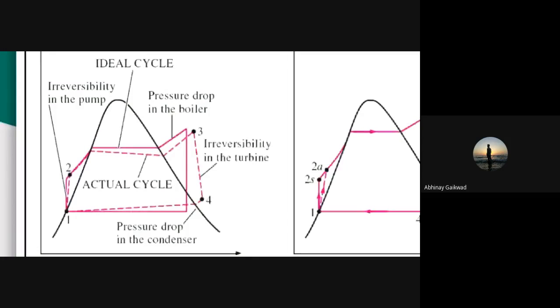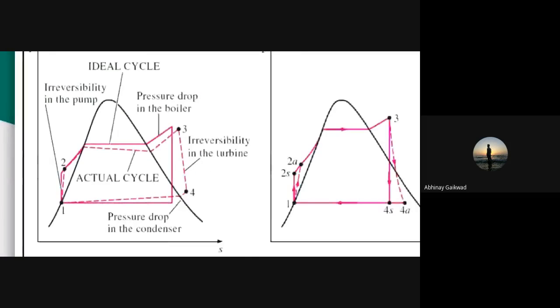Okay, in the ideal cycle, we are getting point 1 to 2, 2 to 3, 3 to 4, and 4 to 1. But in actual practice, it gets slightly different. Now if you see the process 1 to 2, the isentropic process, it is slightly towards the dome side.